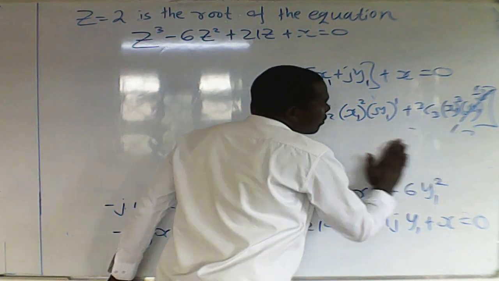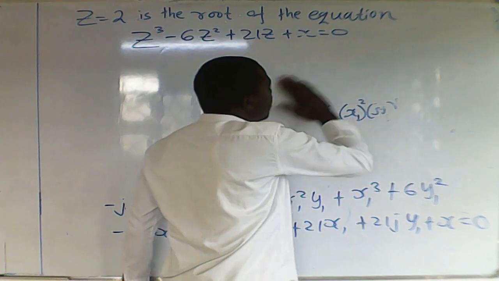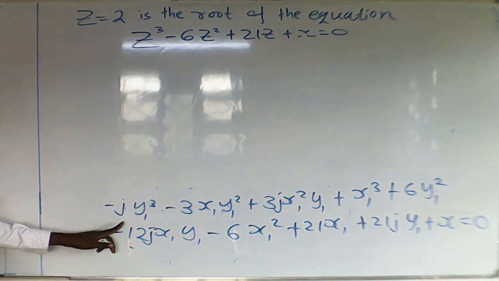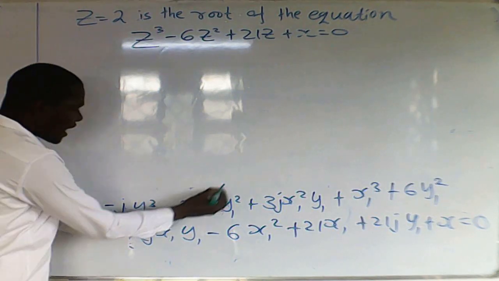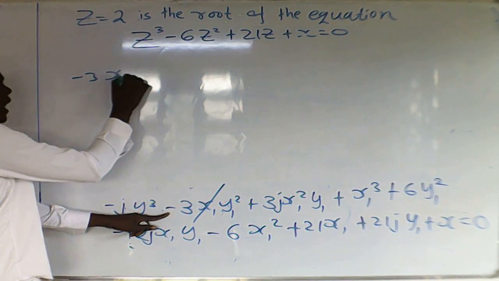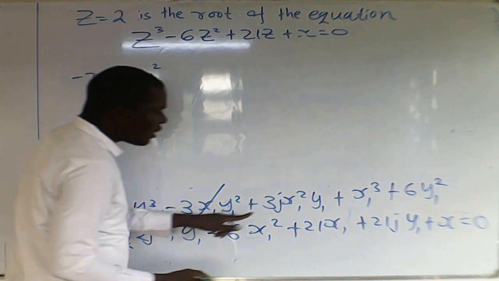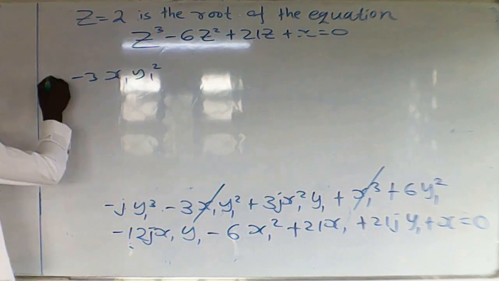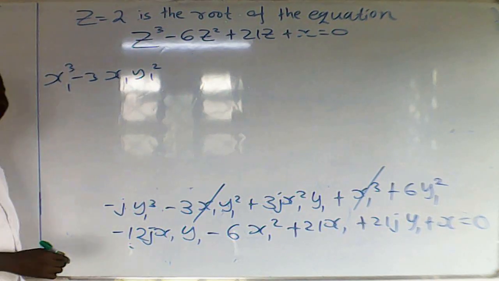Are we together? You separate the real terms from the imaginary terms. So start. Any term without j is real, isn't it? So it means negative 3x1y1 squared is real, then plus x1 cube. So we can start with that x1 cube, isn't it?